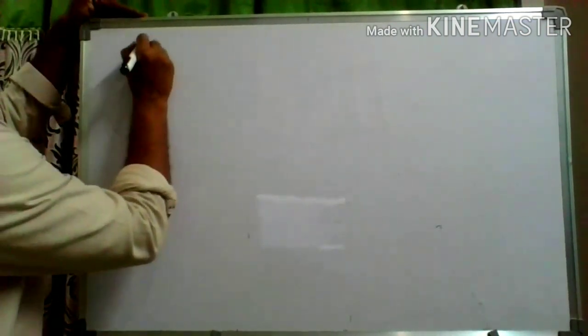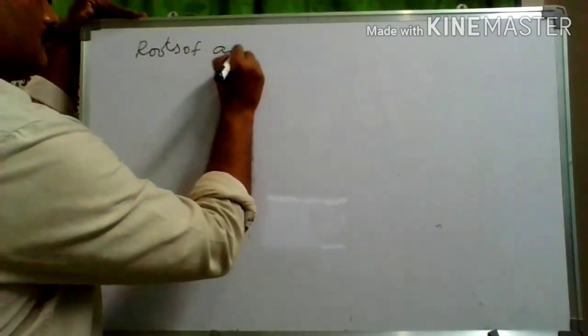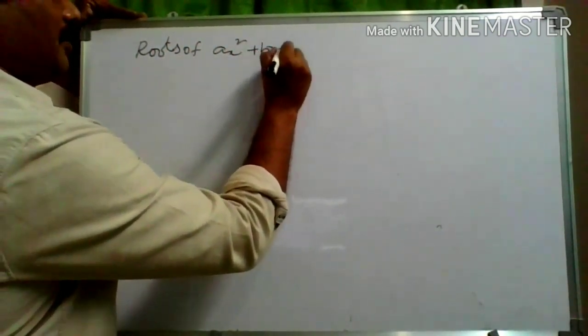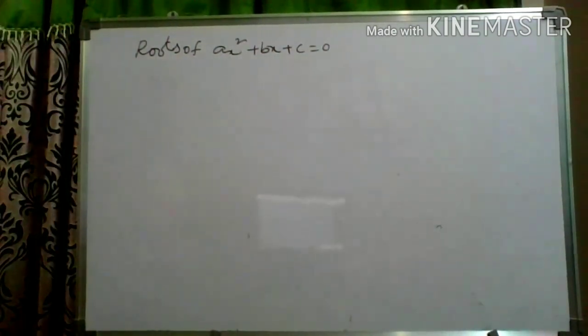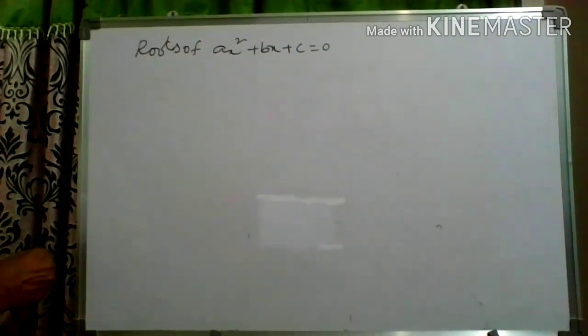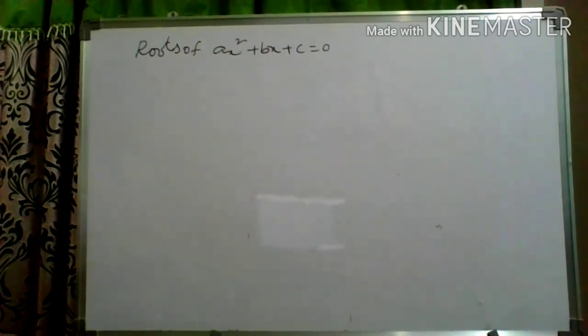Next, students, roots of ax square plus bx plus c is equal to 0. How many roots, students, here?